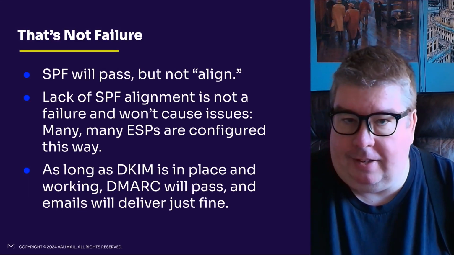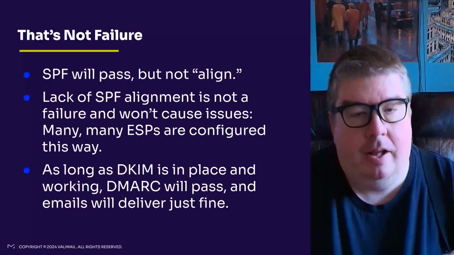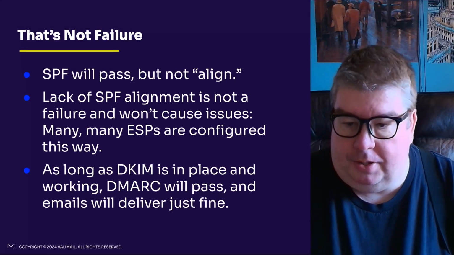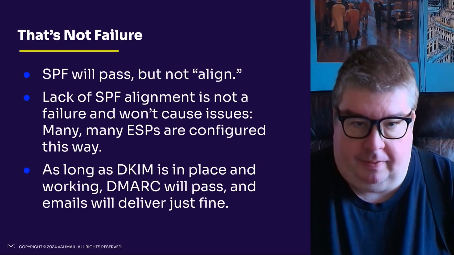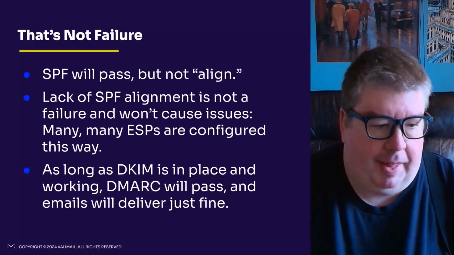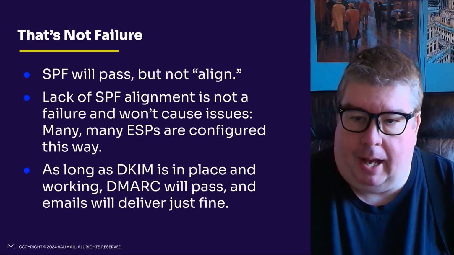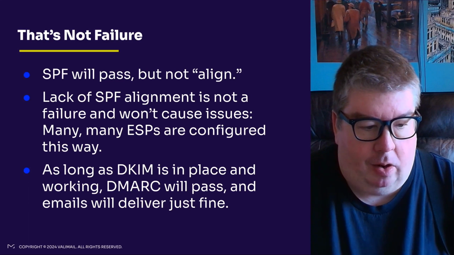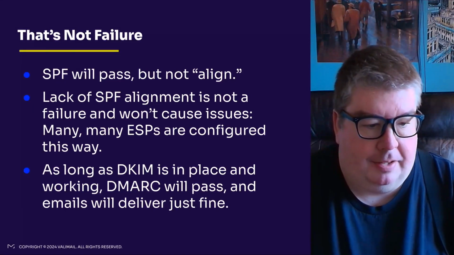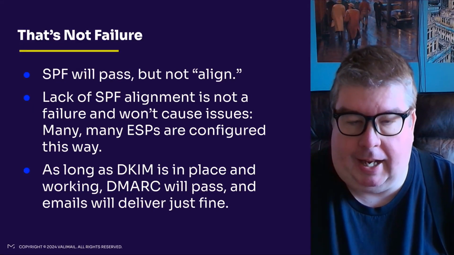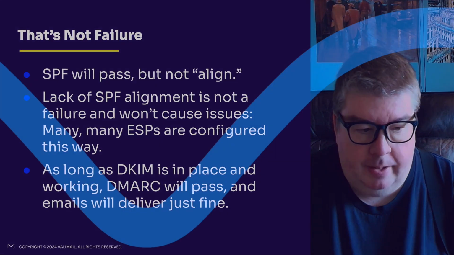The mail authenticates just fine. You've got DKIM alignment, you're passing DMARC, and email is going to deliver just fine. Of course, that's not the only thing that governs whether or not email gets to the inbox, but it is an important one, and you're not going to get to the inbox unless you've got DMARC and email authentication set up properly.